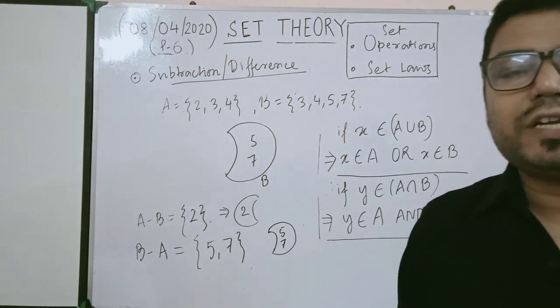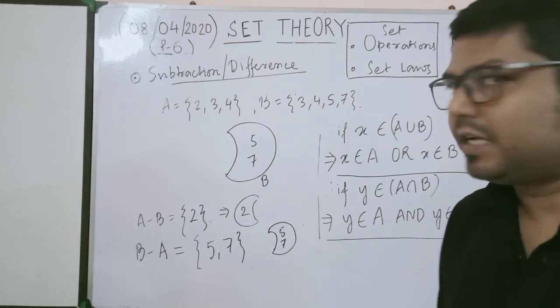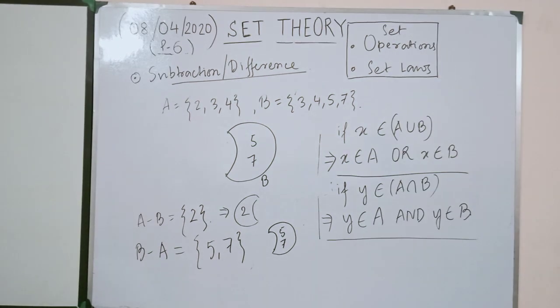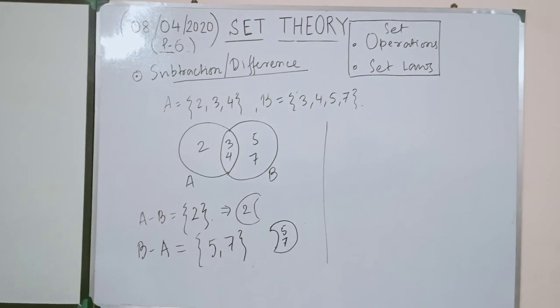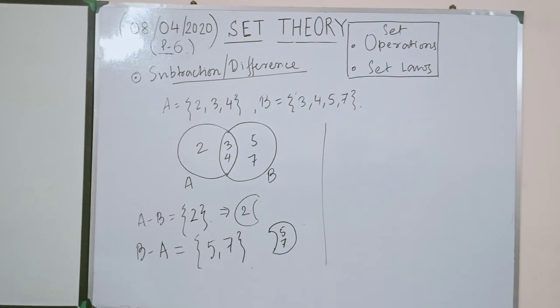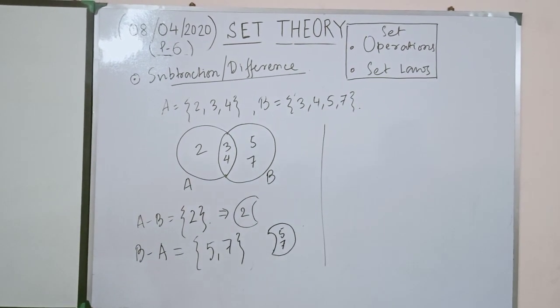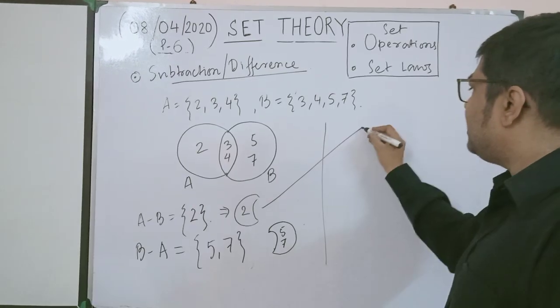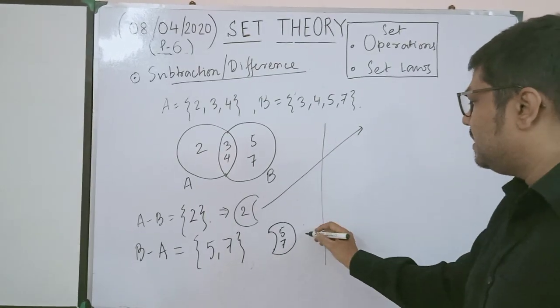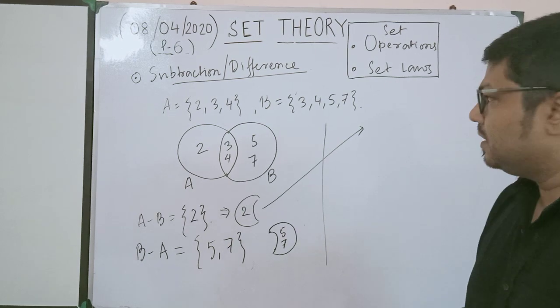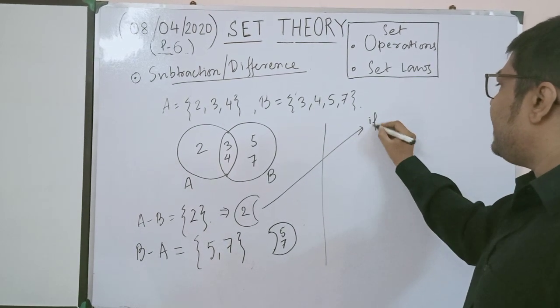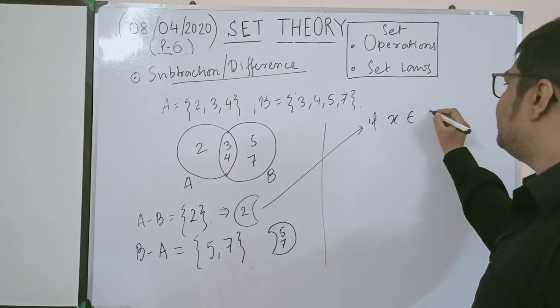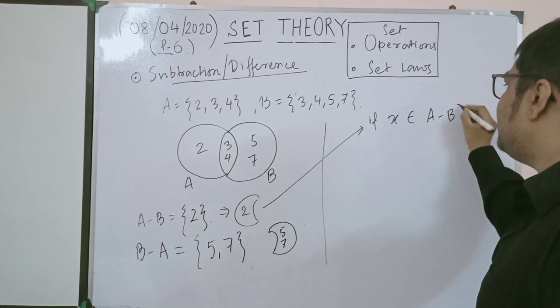Okay, I will try to recreate the diagram again and show you something else. See, I have redrawn the diagram and I want to depict all these things algebraically. So if x belongs to A minus B, that means what?